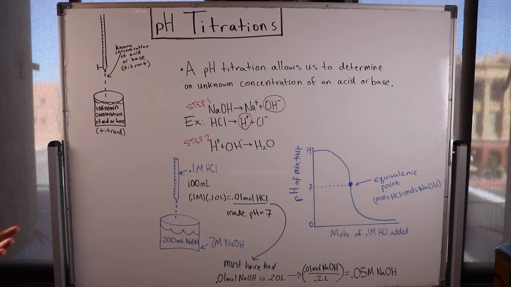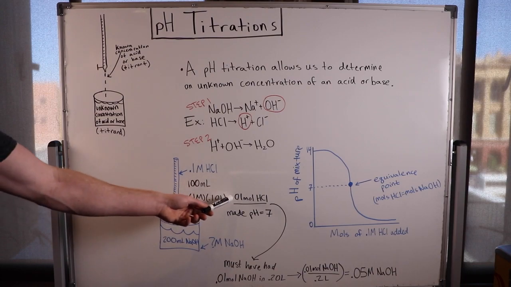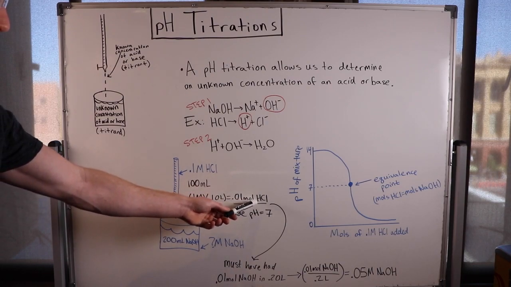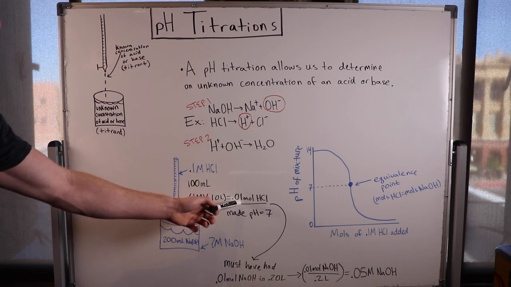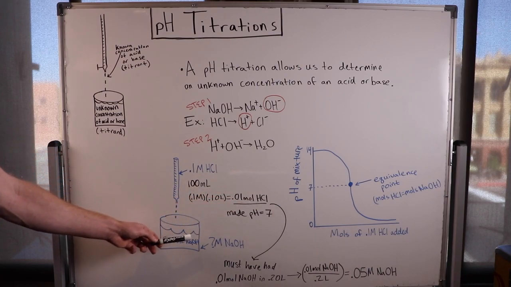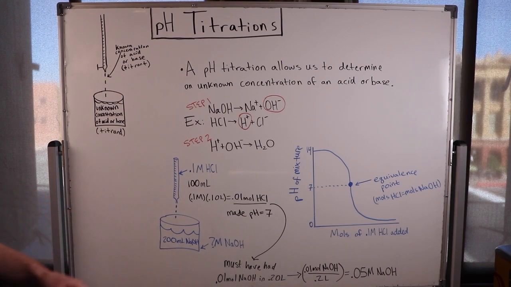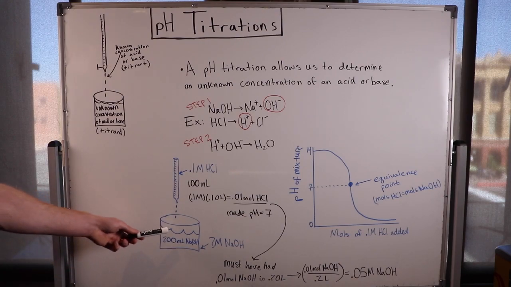Okay, so what does that mean? That means that if we add in 0.1 molar HCl in a 100 milliliter amount, and we add in 0.01 moles of HCl, that must have completely neutralized all of the NaOH in this unknown concentration solution.